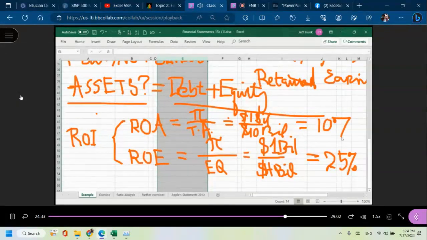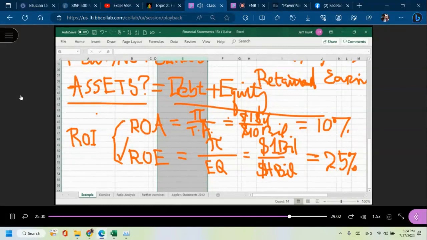Now, we can also notice one thing. Mathematically, between ROA and ROE, which one is bound to be greater? Of course, ROE is bound to be greater. Why? Because of the different denominator.